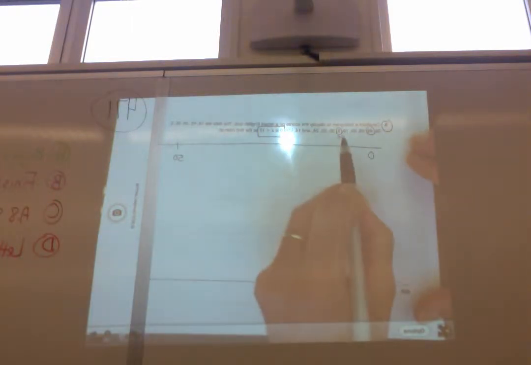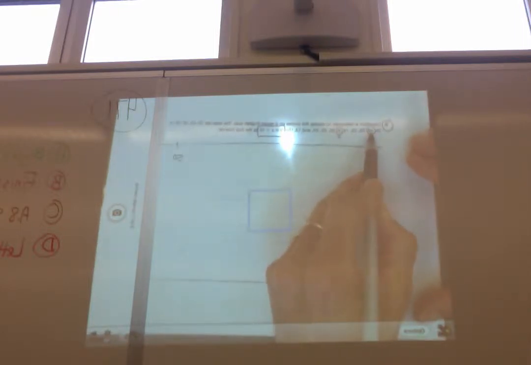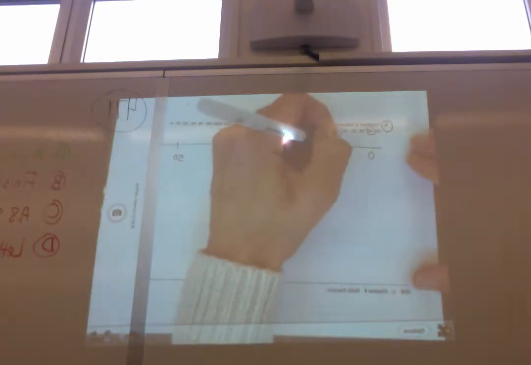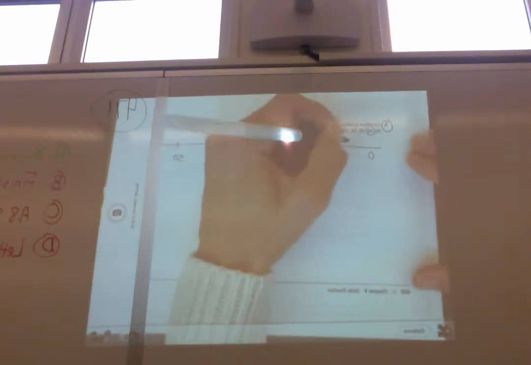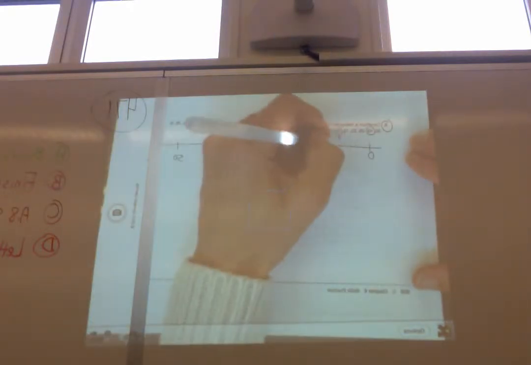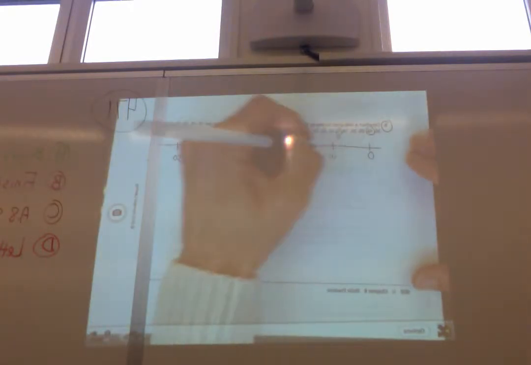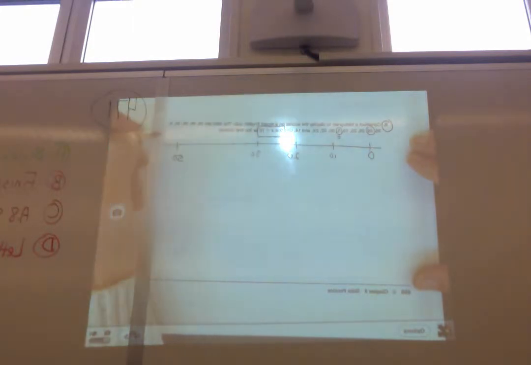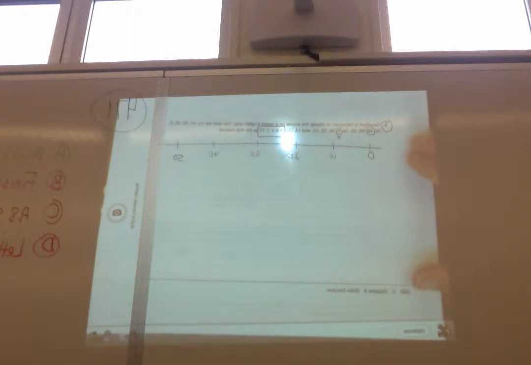And I also can see that 5 is my smallest number and 49 is my biggest number. So I know that the histogram itself is going to be by tens. And I need to organize some of this data before I can draw the histogram.